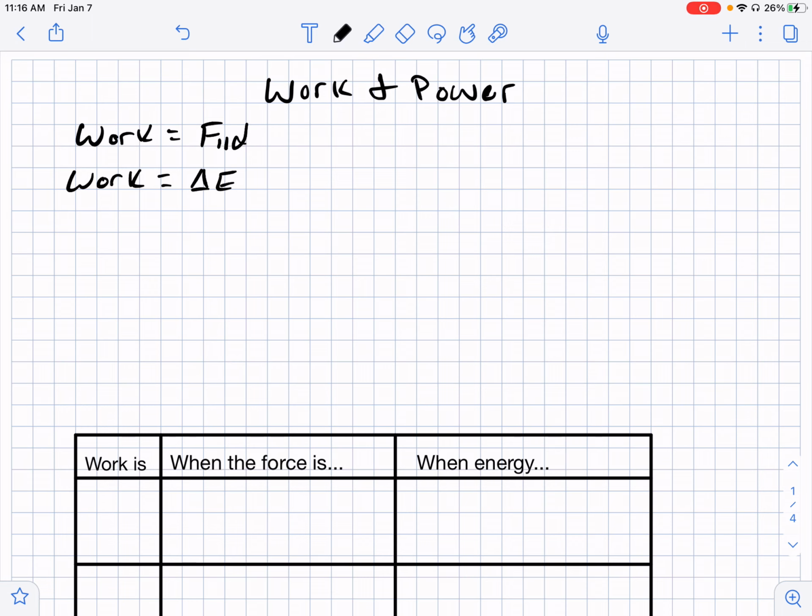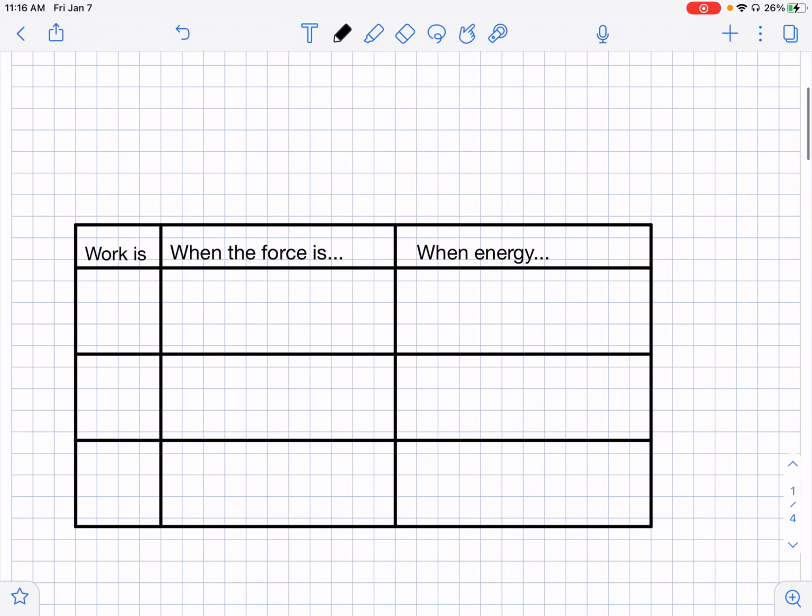And we're going to summarize here in this table what's happening. So work is positive, and in terms of forces, that's the case whenever the force is in the direction of motion, so it's in the same direction as the motion.